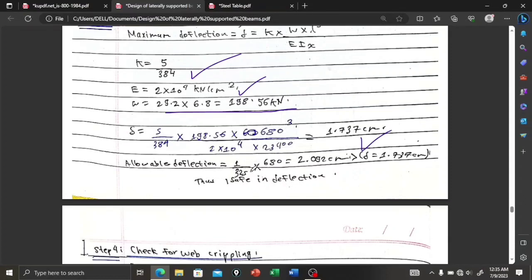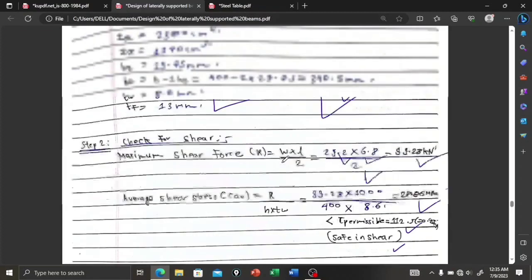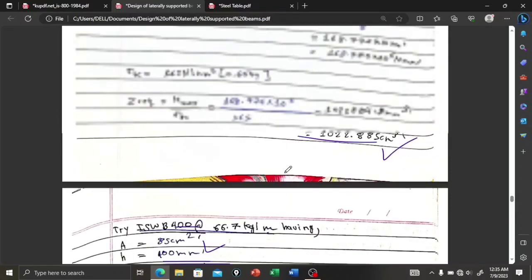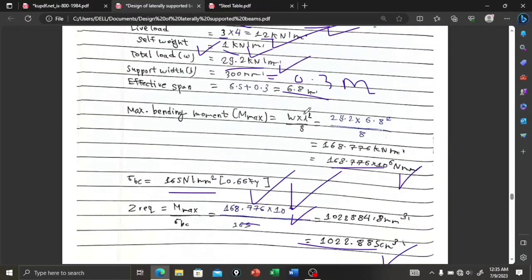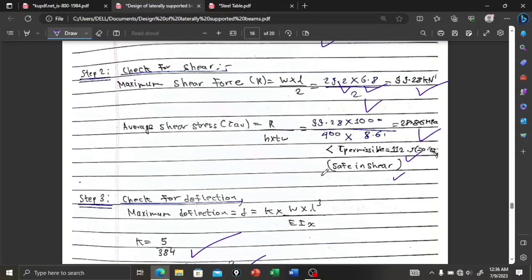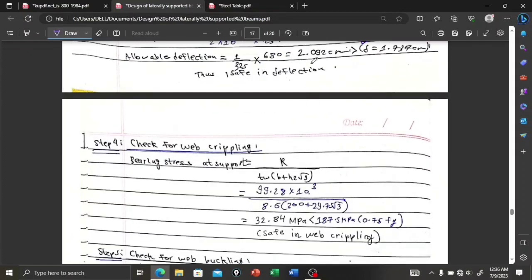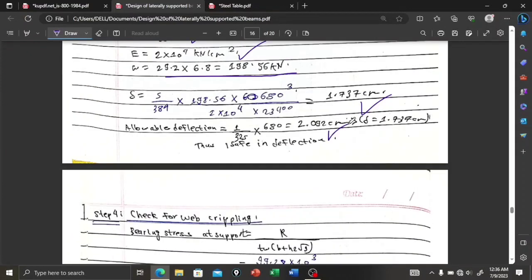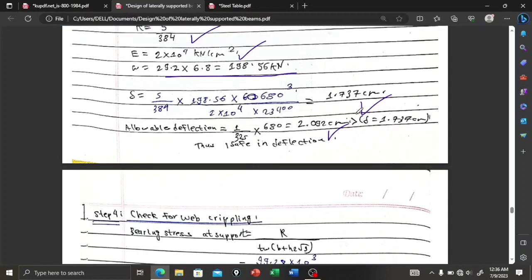Allowable deflection is 1 by 325 of 680, 6.8 is 680 centimeter. So it is 2.092 centimeter, which is greater than 1.737, so safe in deflection.